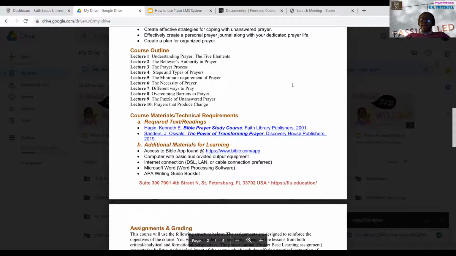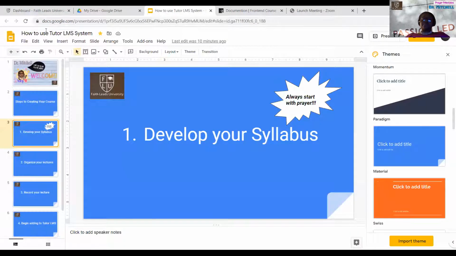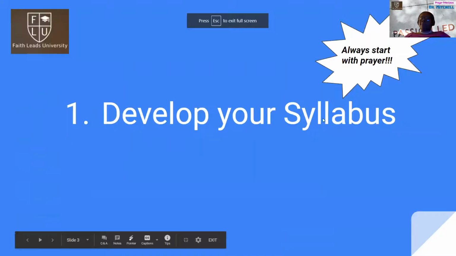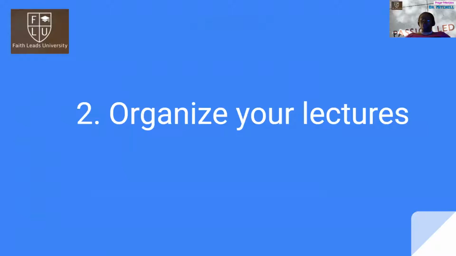That would be how you'll be able to do so. And also, with developing your syllabus, you would want to develop the slides that you can actually have within your course as well.